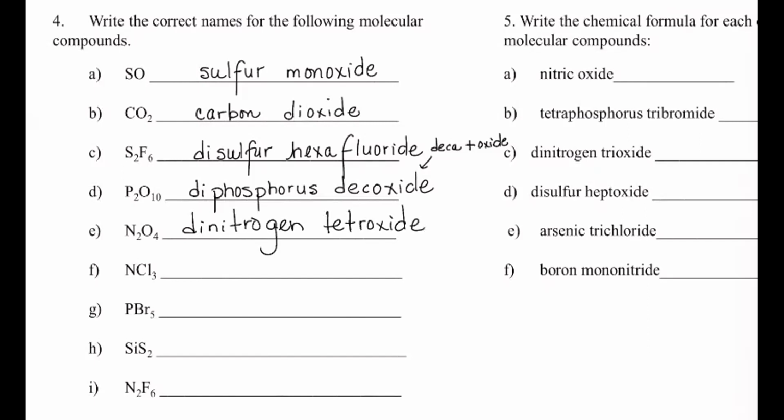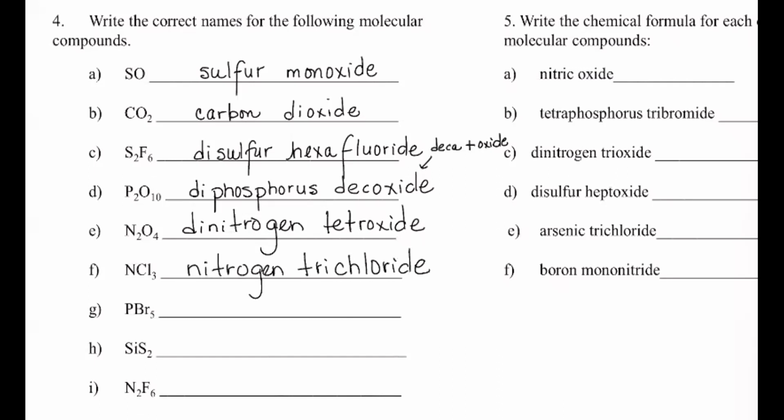Let's do one more. NCl3. What's the name of that? Great job. That is nitrogen trichloride. There are more examples of this in the in-class worksheet.